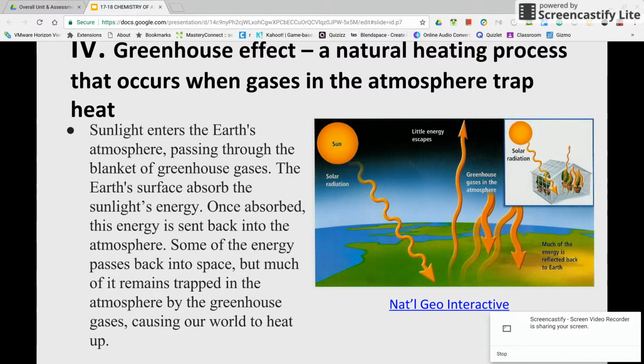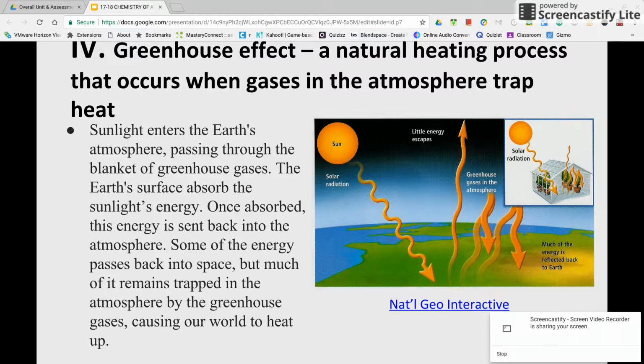Now, one of the other things that we talked about was that some of those pollutants we are putting up, like carbon dioxide and methane, are considered greenhouse gases. Those gases are good in natural levels because they trap heat and radiate it back towards Earth to keep our Earth warm.